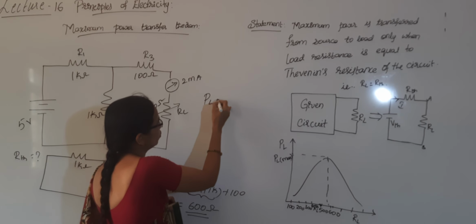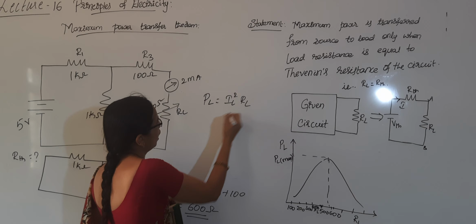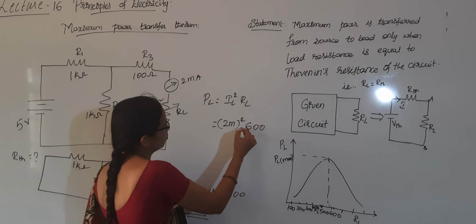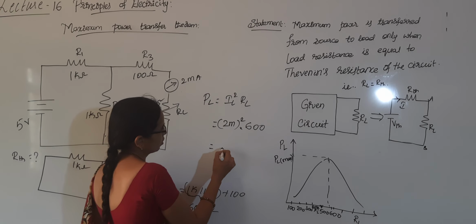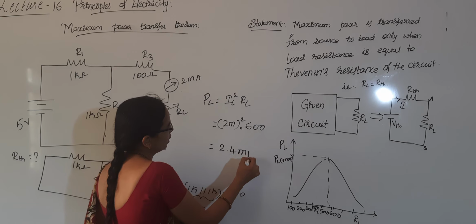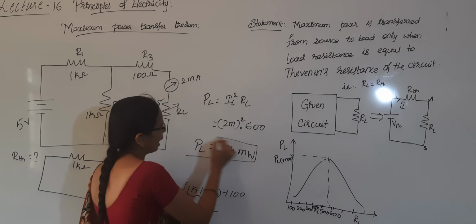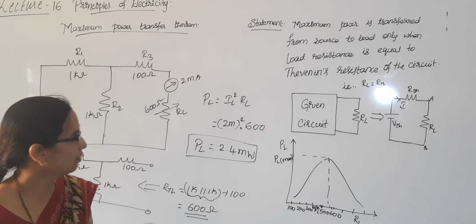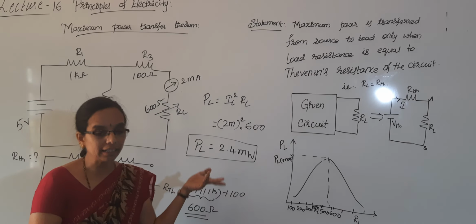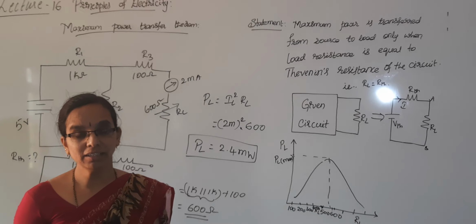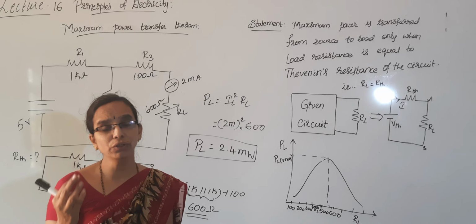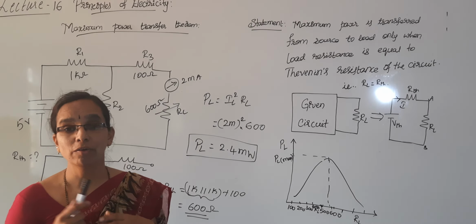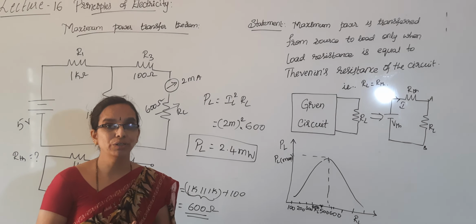The PL is equal to IL square RL. IL is 2 milliamperes, squared, RL is 600 ohm, which gives 2.4 milliwatt, the maximum power transferred to the load. Okay. If we don't know the value of IL, we can calculate VTH and then calculate IL. If you know the value of RTH, then you can calculate the IL value, then find out the maximum power transferred to the load.